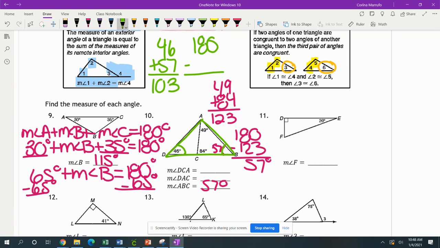Then we do 180 minus 103, and that gives us 77. That means this whole angle right here is 77. And we already know that this section is 49. So I'm going to do 49 minus 77. Oh, the other way, 77 minus 49.